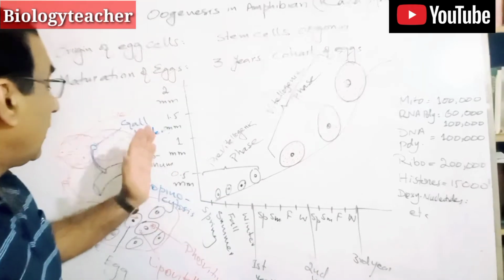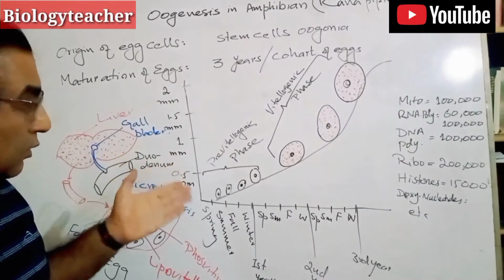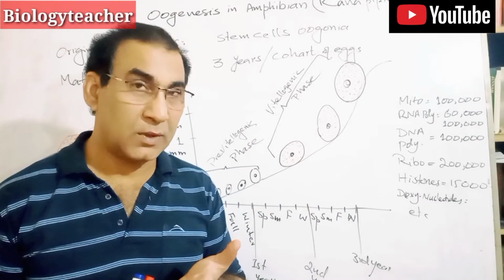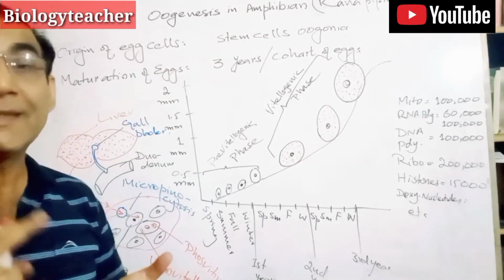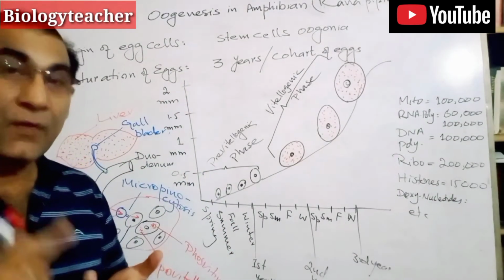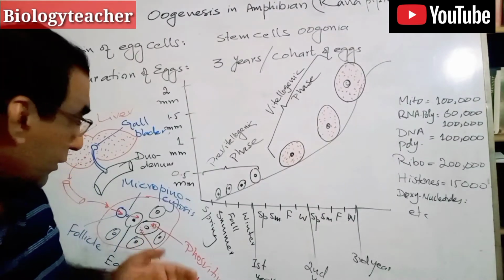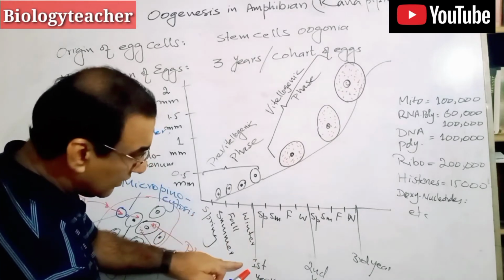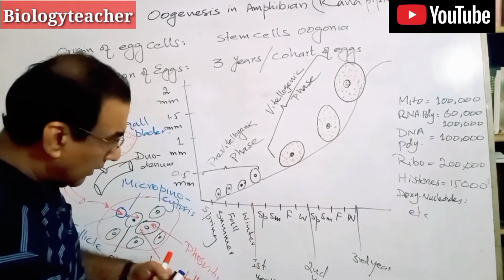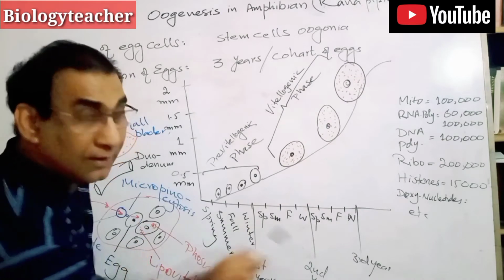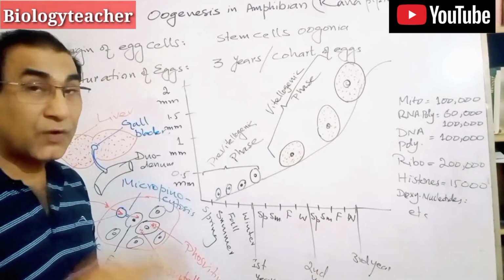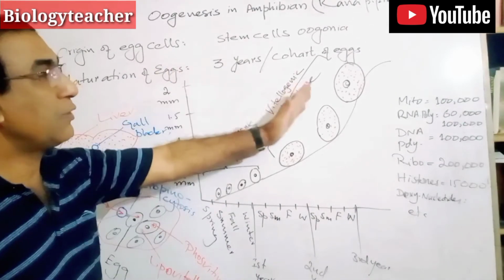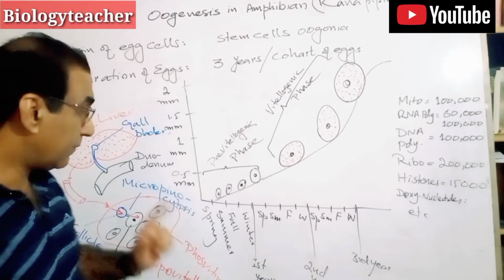So now let us know, there are 4 seasons in a year: spring, summer, fall and winter. If we divide each year, this is the first year, this is the second year, and this is the third year. 3 years are taken in completion of the maturation of the oocyte in case of amphibian.